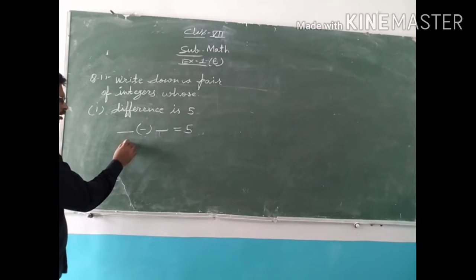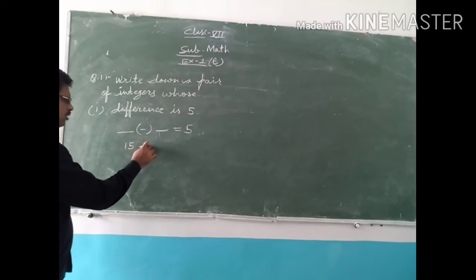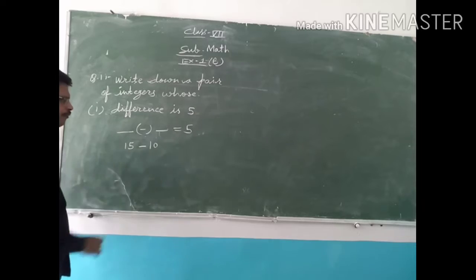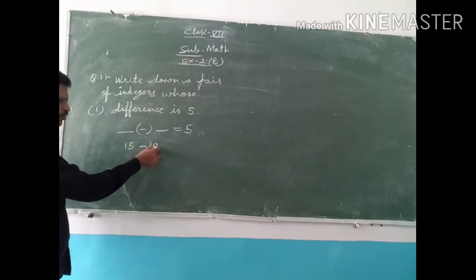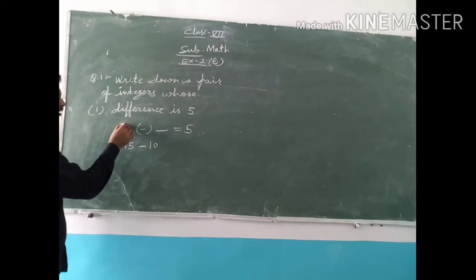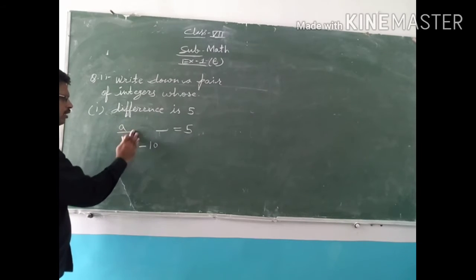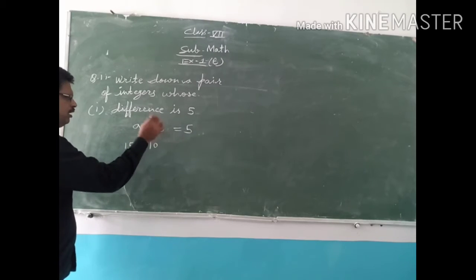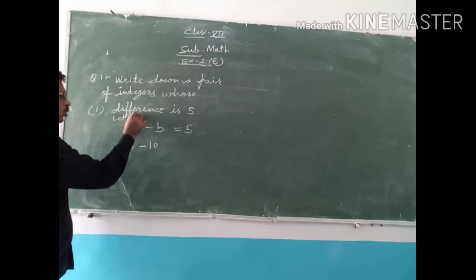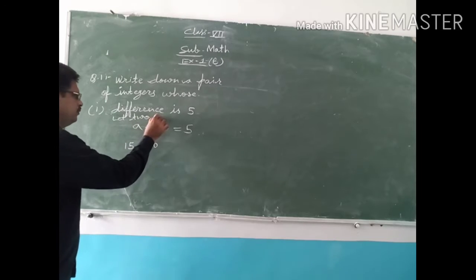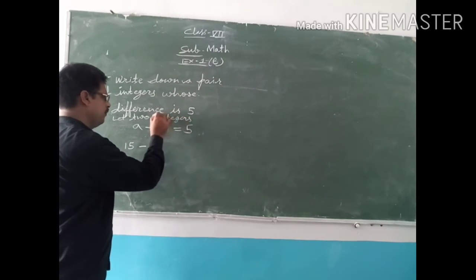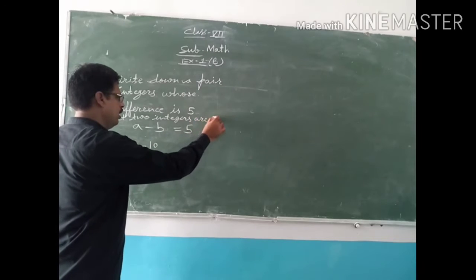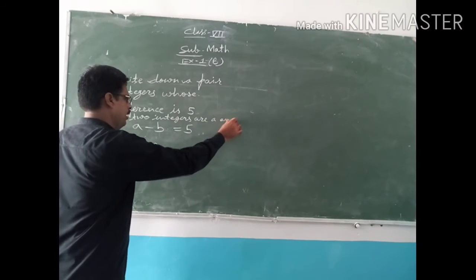Suppose I am taking 15 minus 10. So two integers are 15 and 10. You can say let two integers be a and b.